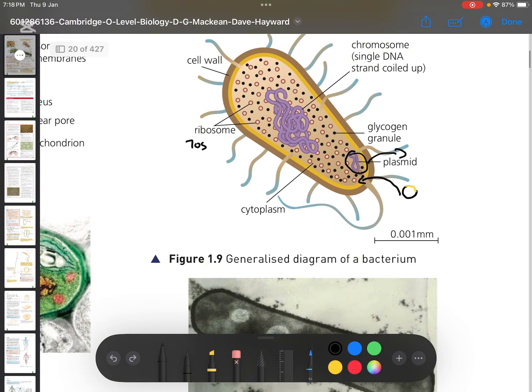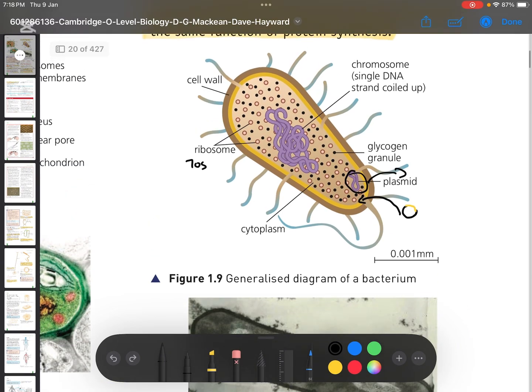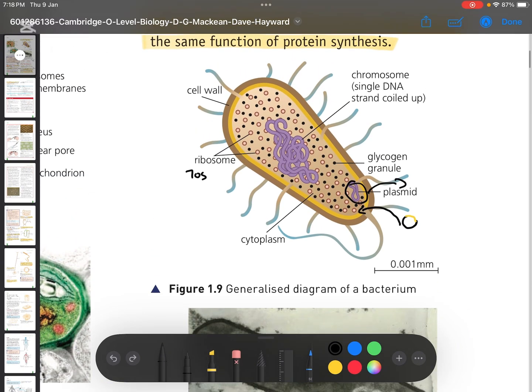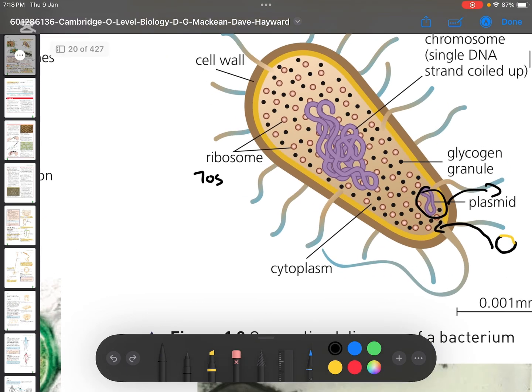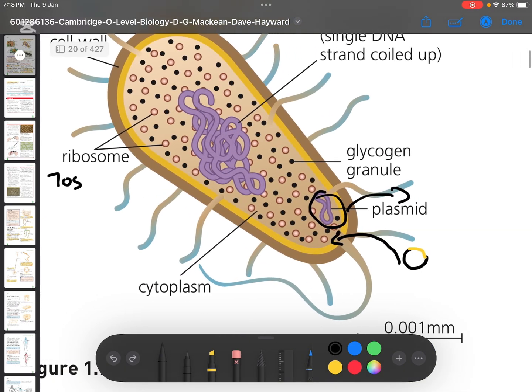So that's how scientists use this for genetic modification purposes, to produce insulin or to produce any other drug at a high scale, right? Now to look at a few structures of the bacterial cell. Number one, we have already discussed the ribosomes. They are comparatively smaller than the ribosomes in the animal cells and the plant cells.